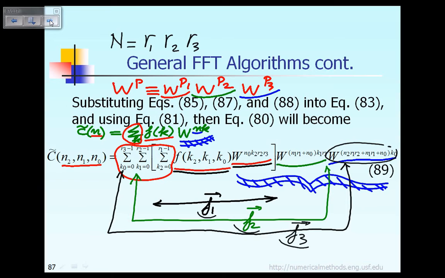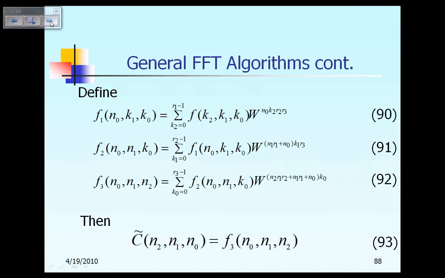By the time you finish computing vector F3, what you get will be the answer for the unknown vector C tilde, except you have to reverse the bits through the unscrambling process, like I said to you many times before. So that is the idea, and the next slide just repeats what I just told you.